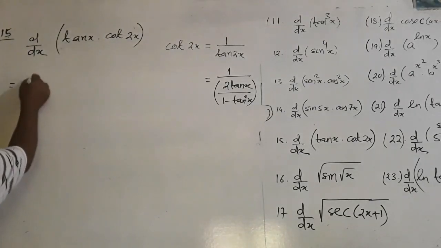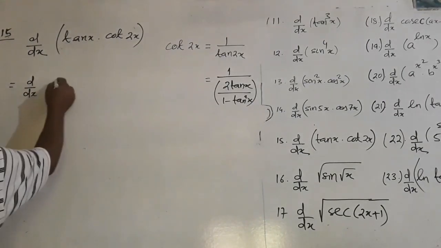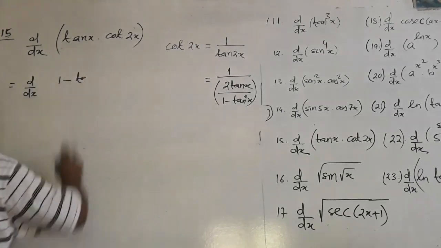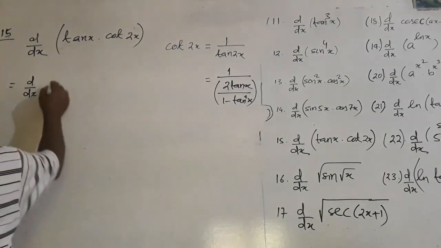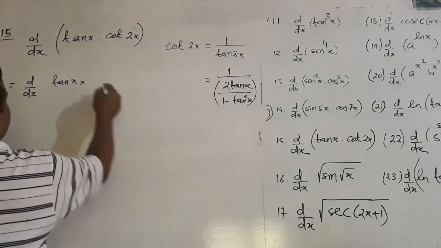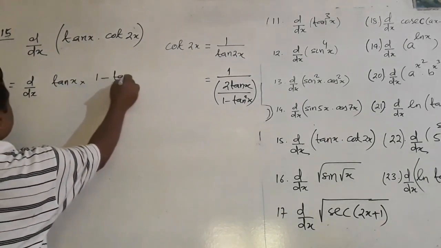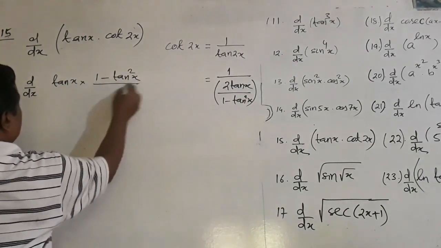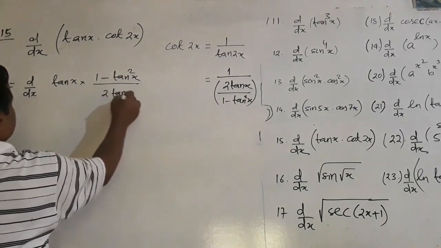So this is d by dx of 1 minus tan square x, d by dx of tan x into cot 2x. Look at here, 1 minus tan square x by 2 tan x.